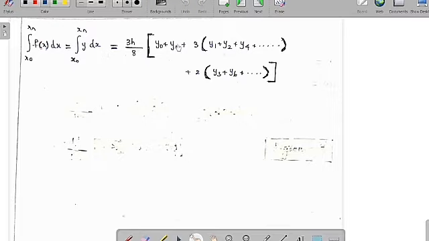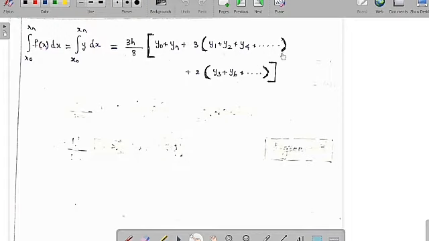Into y0 plus yn, same as the previous one, plus now here previously we did 2 times of the y2 plus y3 plus y4. Now what we have to do is take the 3 times of the coordinates, which is y3 plus y6 plus y9 like this, plus 3 times of the remaining coordinate values.